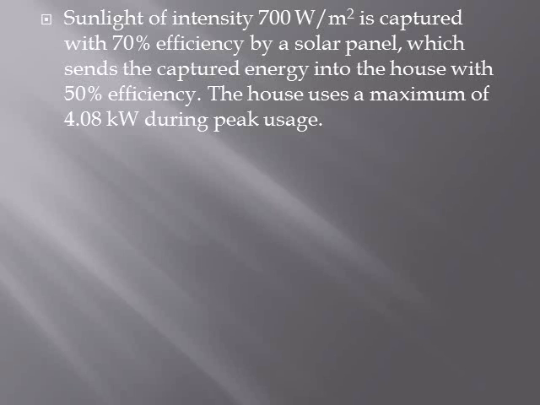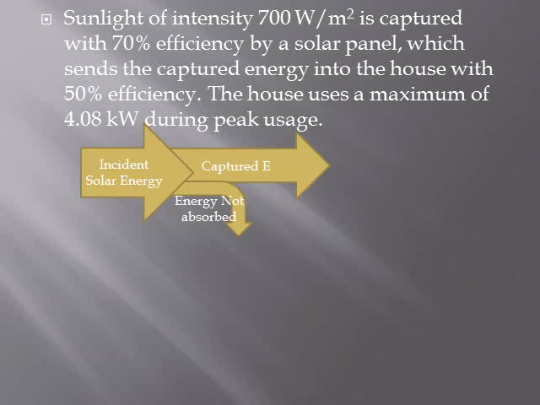Let's draw our Sankey diagram, right? So we know energy is coming in from the sun. We know it's hitting our solar panels, and it is trying to absorb that energy, but remember, it's being lost. Only 70% is absorbed, some is lost. Then once it's captured, only 50% actually makes it into the house. So again, it's lost again.